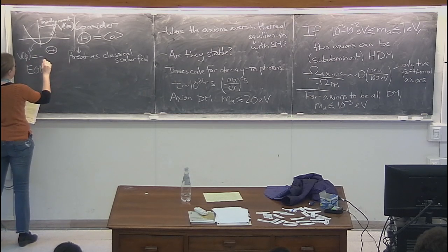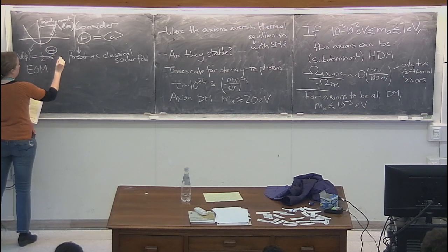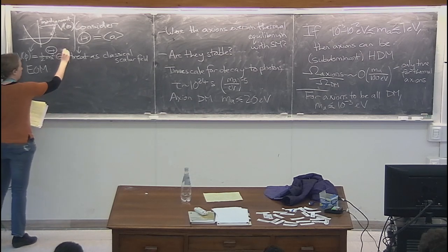This was just how we defined m_a, that we said this term in the Lagrangian is a scalar mass term, so close to the minimum.